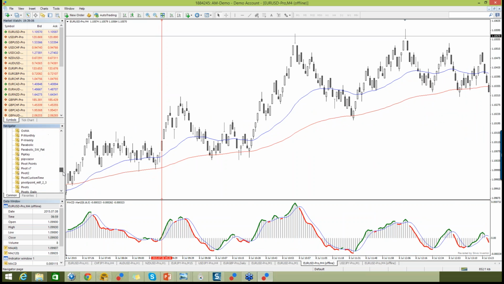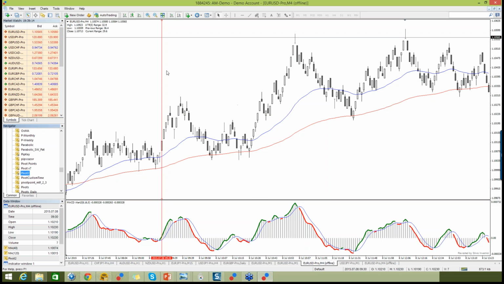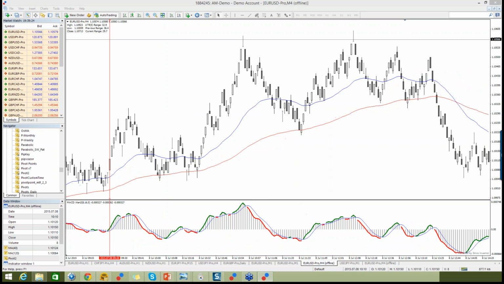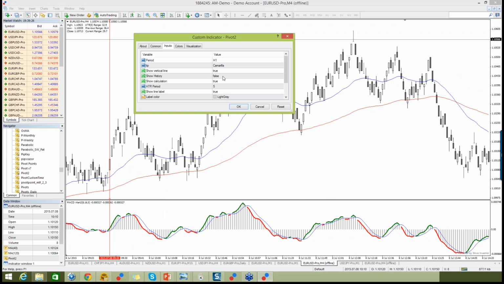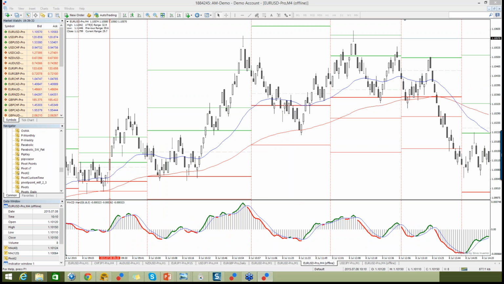Pivot point here. Indicators list, pivot. I will put history through.